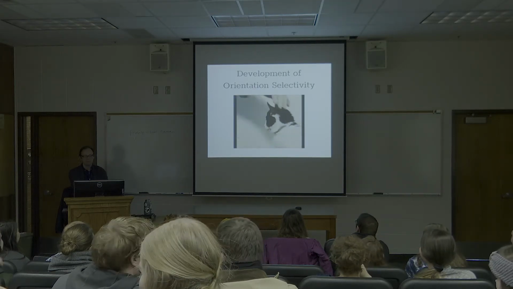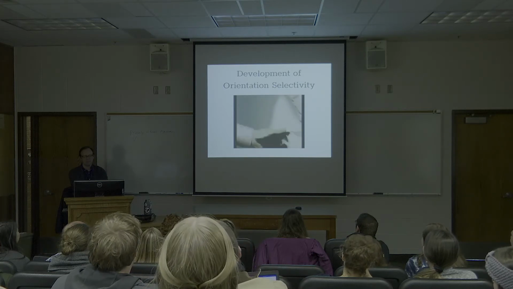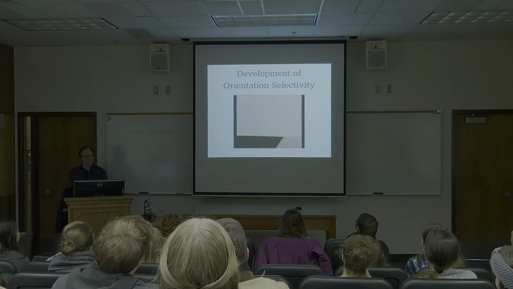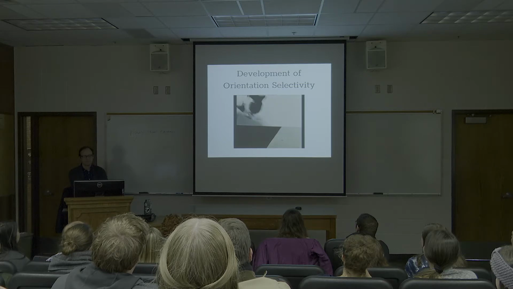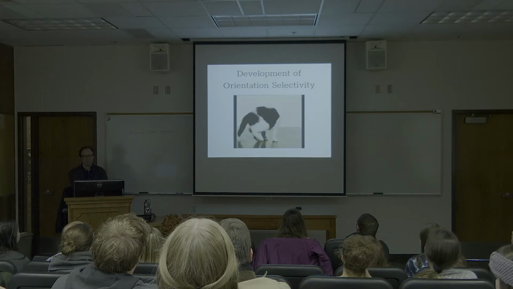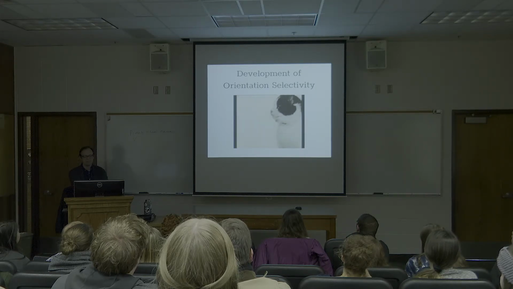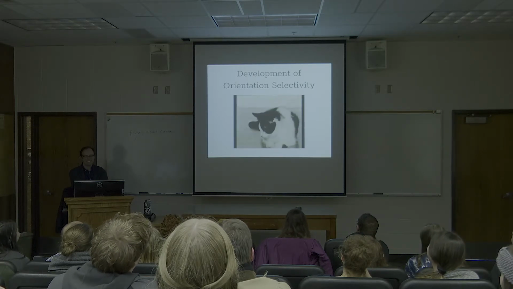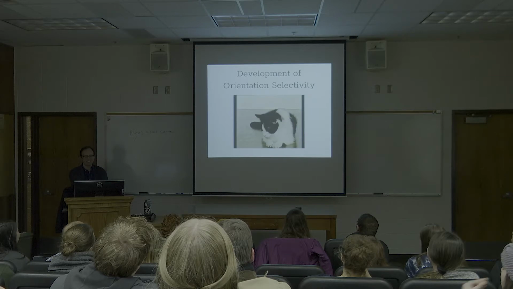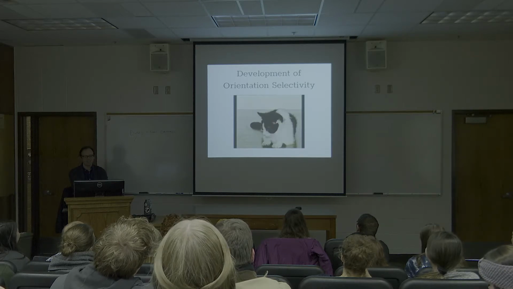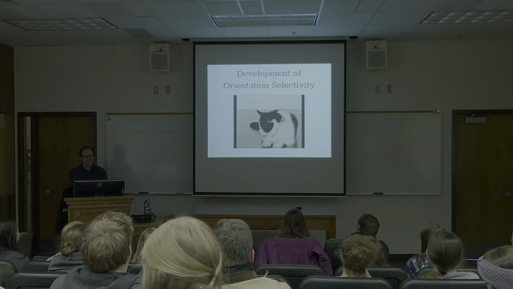Now, after several days of living in a normal environment, it has typical visual placing. It shows startle reactions. And it follows a moving object. But its vision is not really complete.